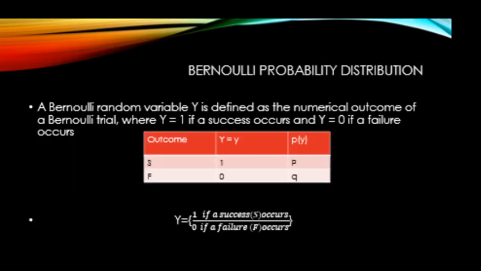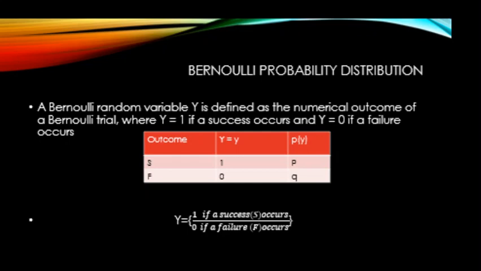Now we need to define this as a discrete random variable, so we can't use success and failure. We have to give a discrete value to our random variable Y. We'll define our random variable Y, which is a Bernoulli random variable in this case. It can take two possible outcomes, and we'll call these outcomes 1 and 0.